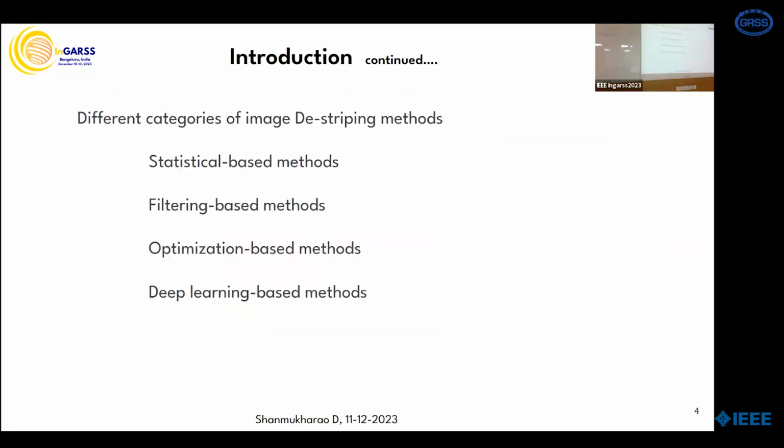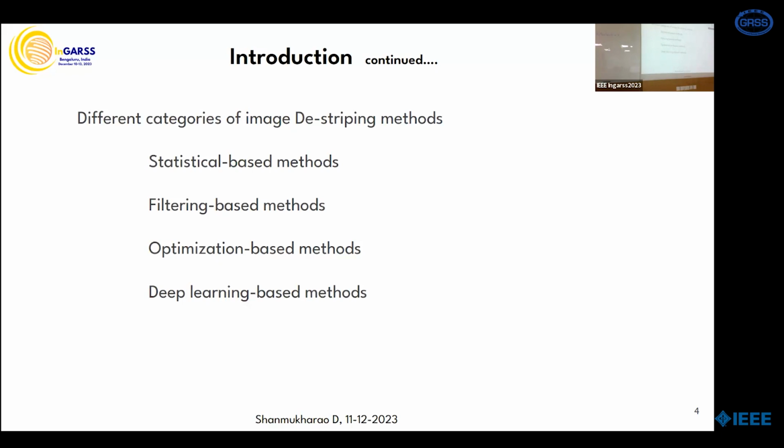If we see the existing literature, generally we can segregate the stripe removal methods into 4 categories. First is statistical based methods, then filtering based methods, then optimization based methods, and then deep learning based.